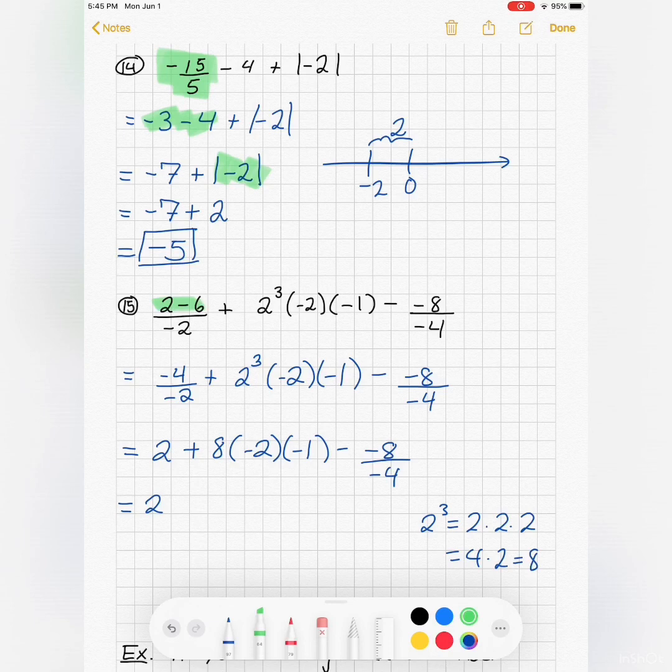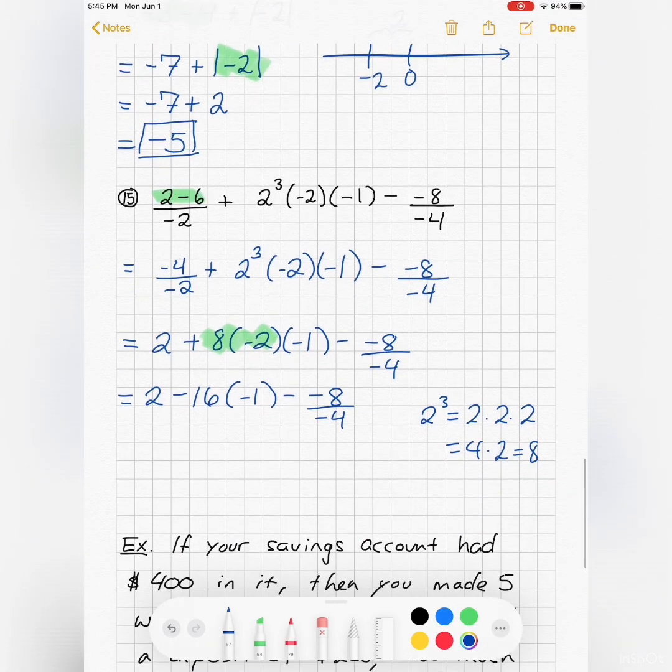Okay, so now I have to do my multiplication here before I can do my addition. So let's see, that's negative 16 times negative 1. So we have 2. Negative times a negative is a positive 16.